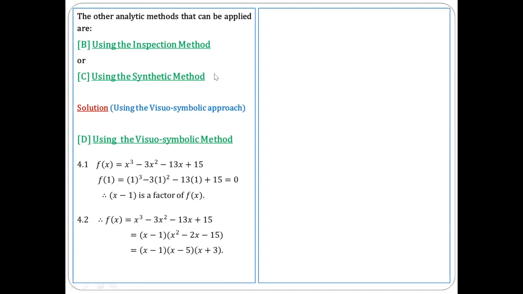This visual symbolic method is not the only method that is used in visualization and symbolization, but because it has got 3 components, all these analytic methods as well as this visual symbolic method, the 4 of them, they all are under the visualization and symbolization approach.